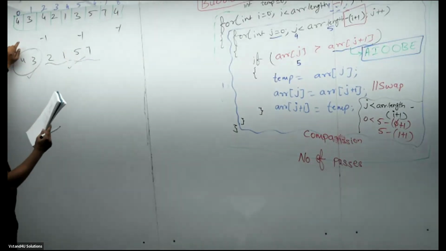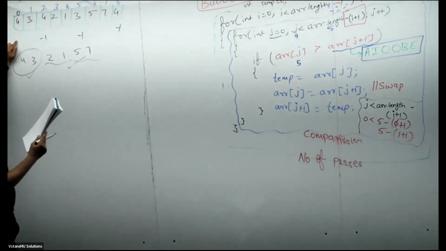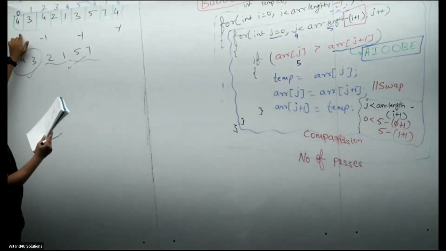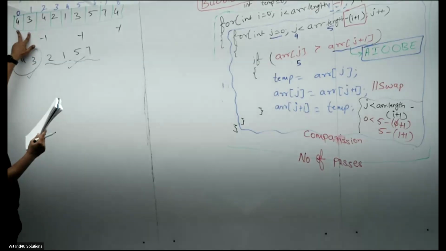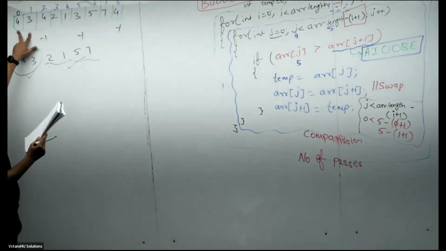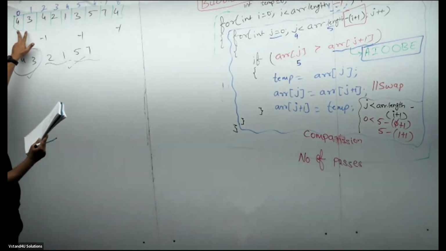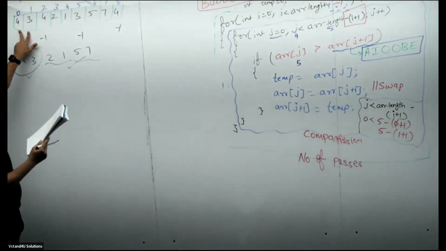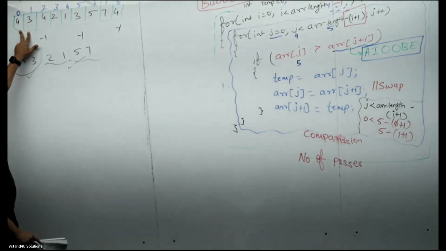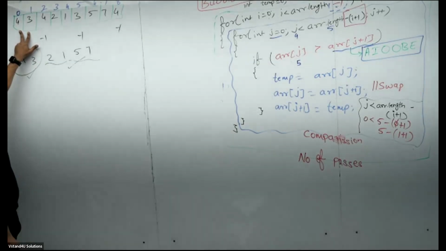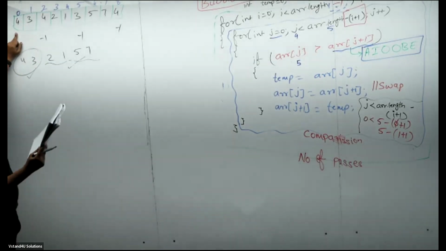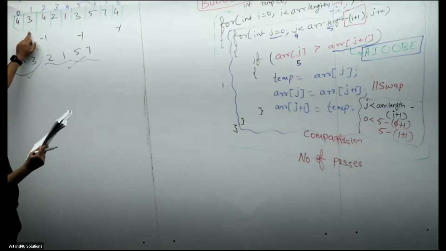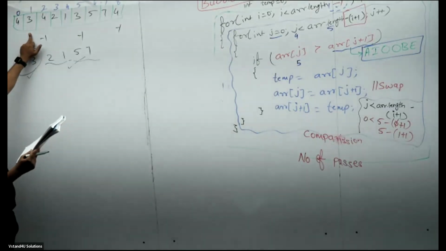Listen. The condition is arr[i] is not equal to arr[j]. Is this condition true? arr[i] you are starting from here, arr[j] you are starting from here. Is arr[i] equal to arr[j]?